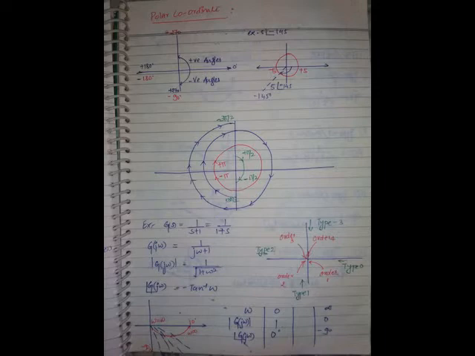And magnitudes are between 1 and 0. Suppose I want to draw an accurate polar plot, accurately you have to calibrate the x-axis: 0, 1, minus 1, 2, minus 2. Accurately you have to calibrate. Magnitudes are between 1 and 0, and angles are between 0 and minus 90.